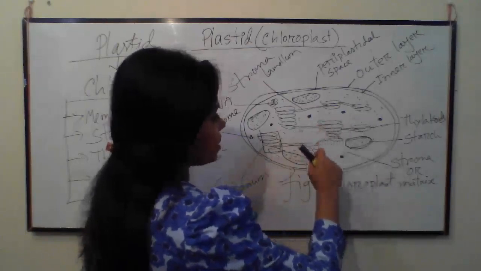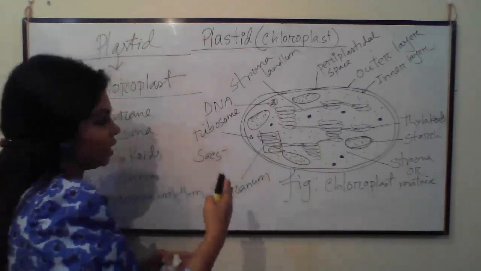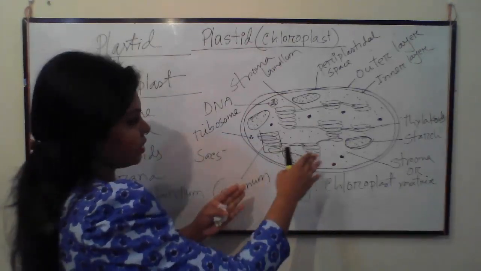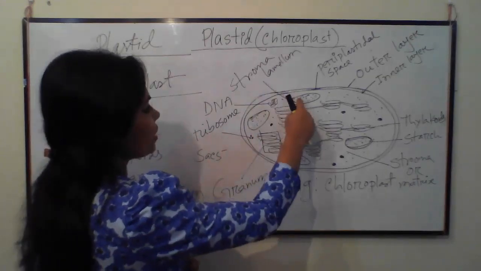Whenever the thylakoids lie in stacks, it is called a granum, and the grana are interconnected with a tubular membrane called stroma lamellae.